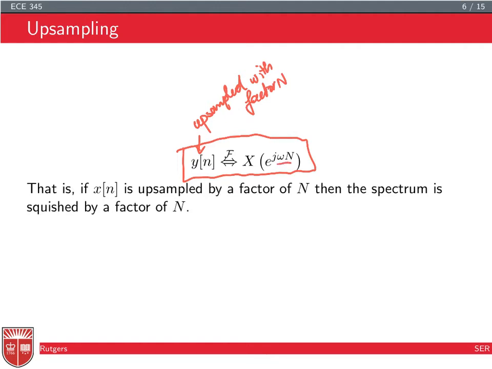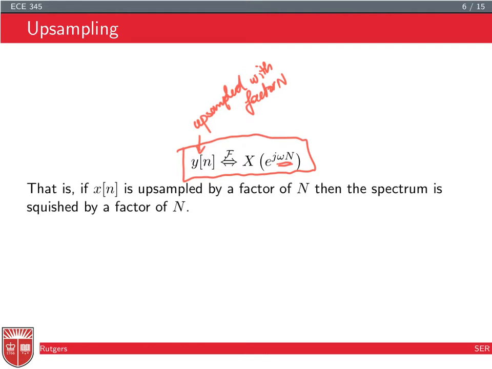So it's X of e to the j omega times n. So what's happening? Actually, you're squeezing the omega axis, the frequency axis, by a factor of n.